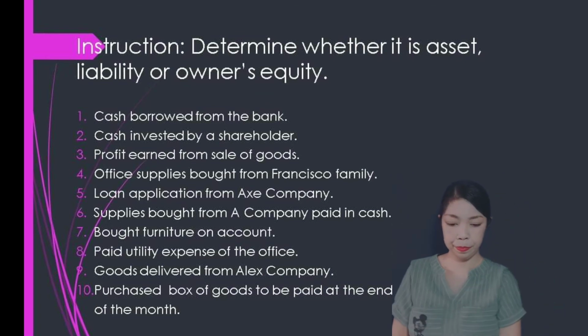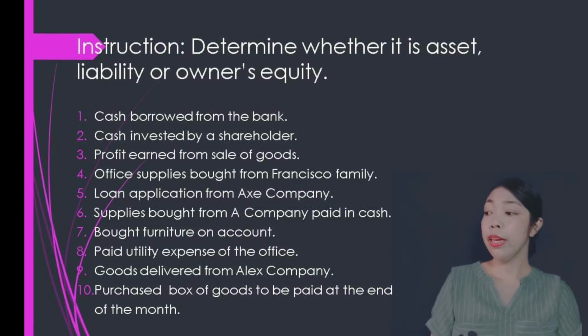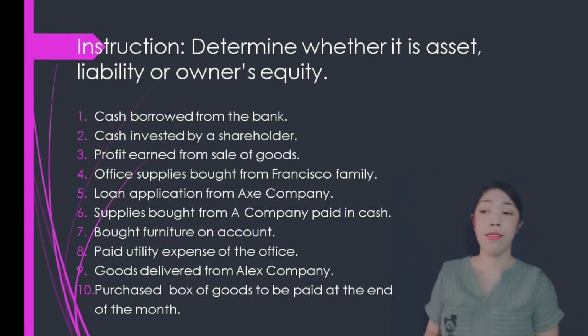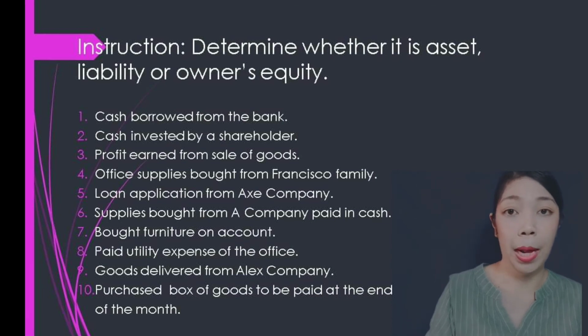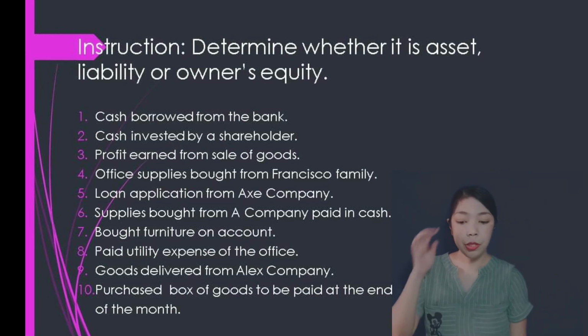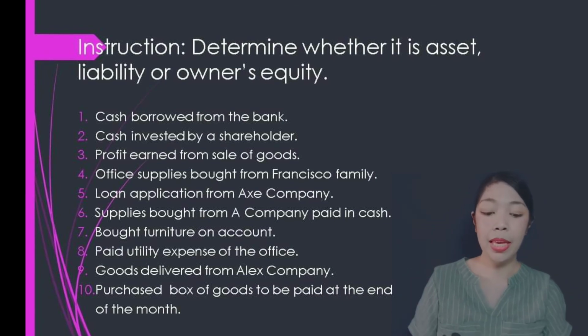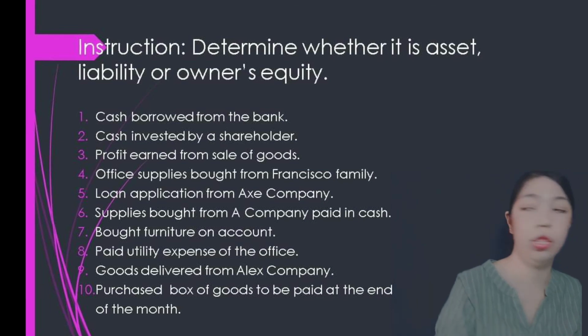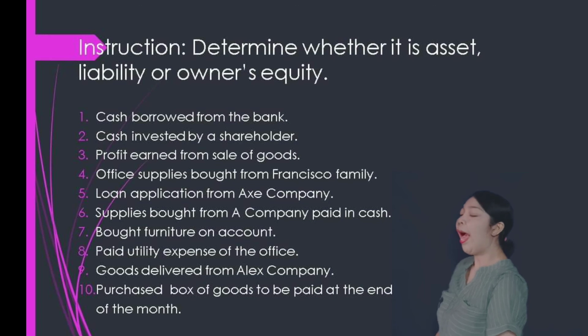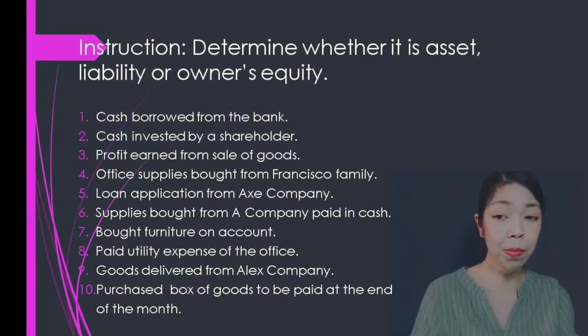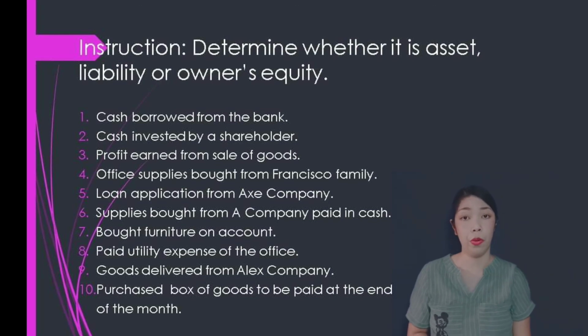Yes, Jo. That is a liability. Very good. That is a loan application or you're borrowing money from other company. Number 6, supplies bought from a company paid in cash. Yes, Rosaline. That is an asset. Very good. You bought supplies, so it is additional to your asset.